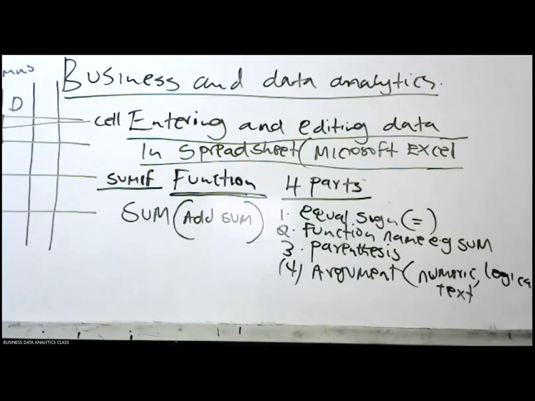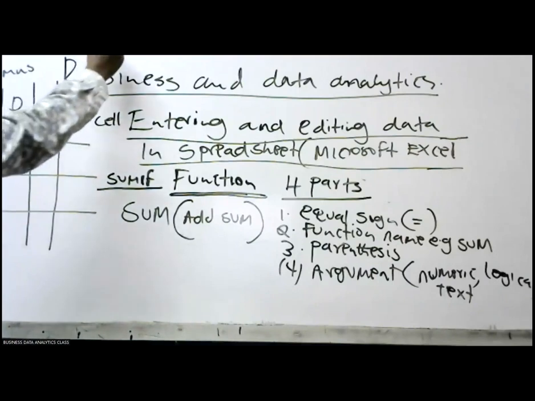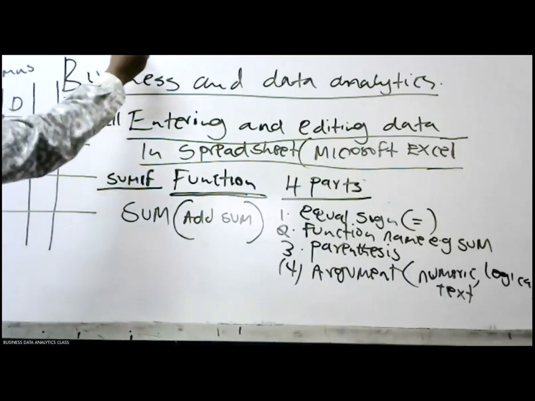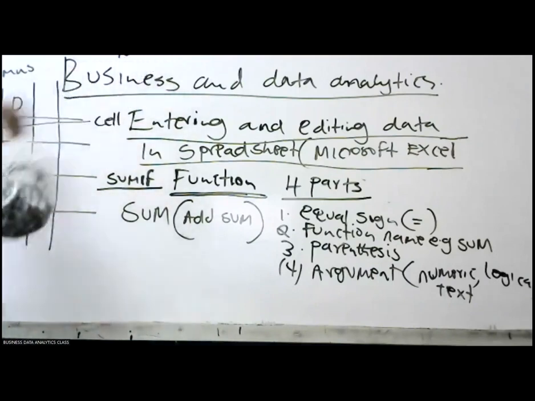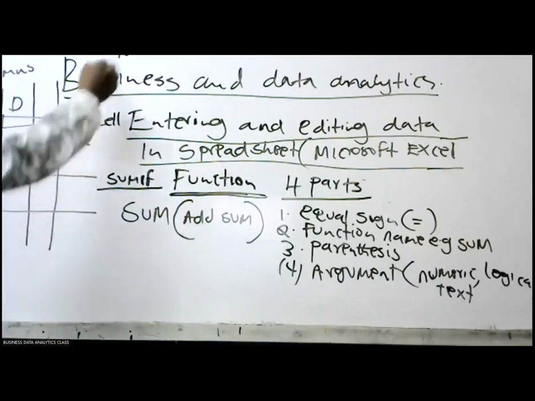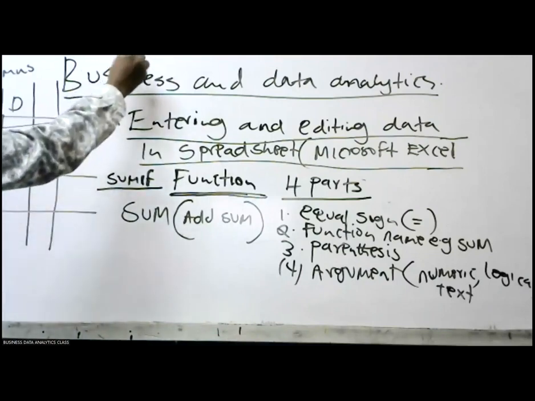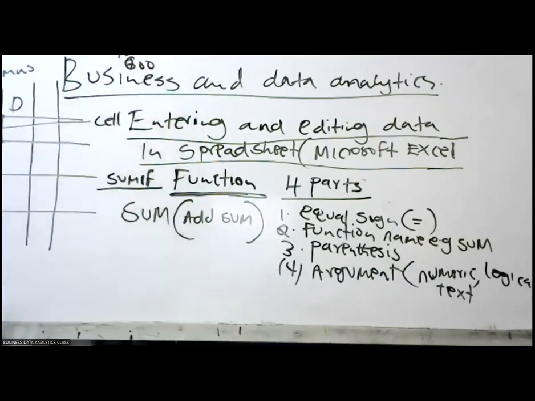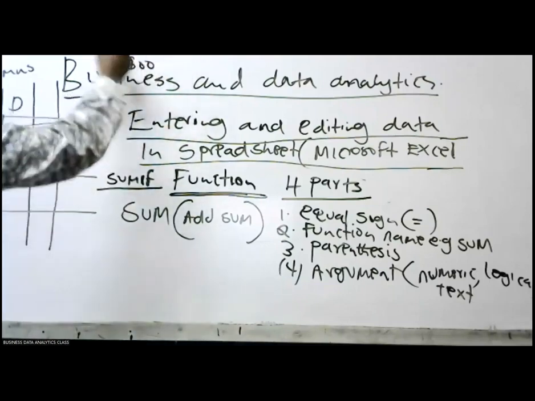You are given a condition: a person who is married gets 700 multiplied by the number of children. So we also have a column for the number of children. And if you are single, you get a flat relief of 600. It is just an example.